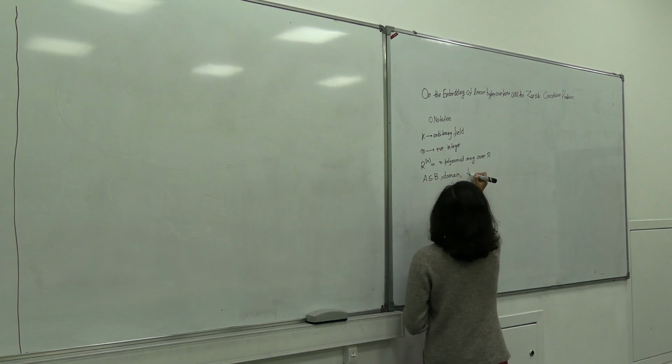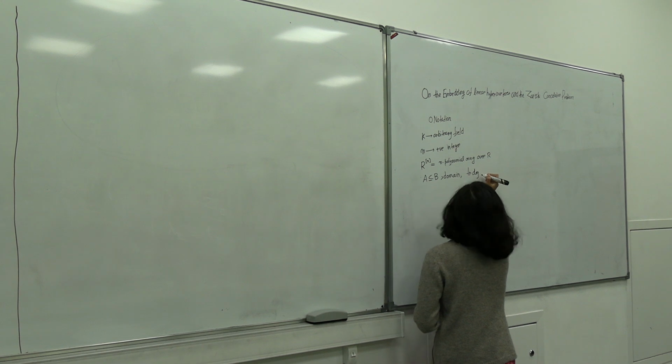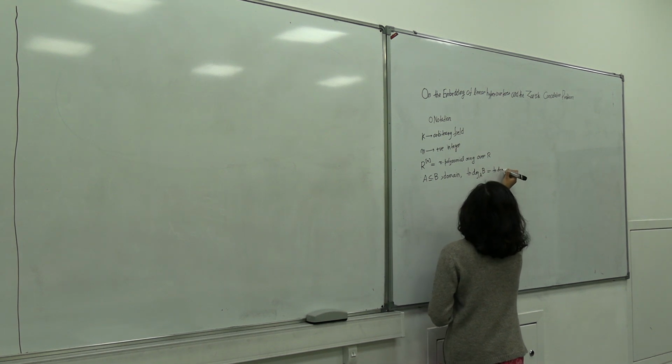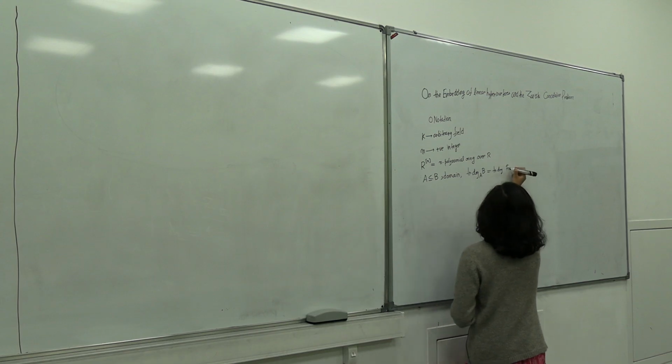We define the transcendence degree of B over A to be the transcendence degree of the fraction field of B over the fraction field of A.